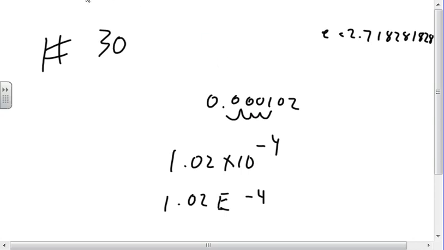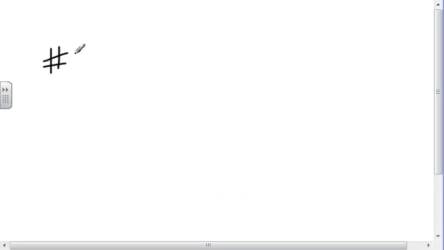Number 54. Oh, gotta turn the page. Oh, you gotta be kidding me. Well, we're not gonna write it down. We're just gonna put it in our calculator and see what the answer is.